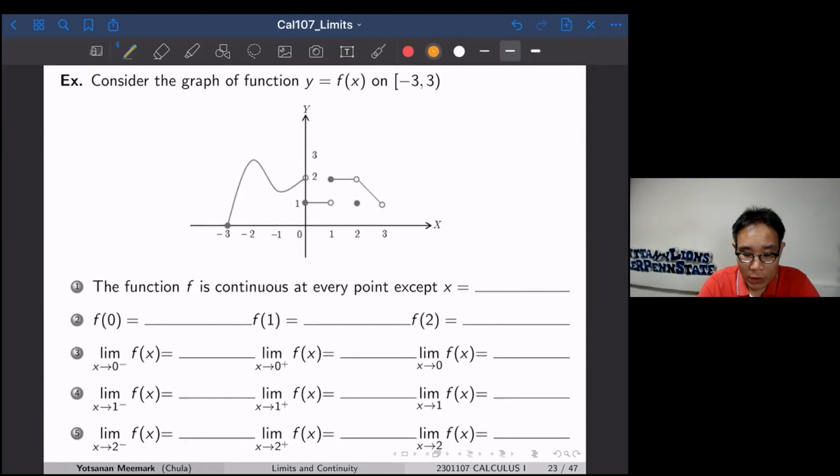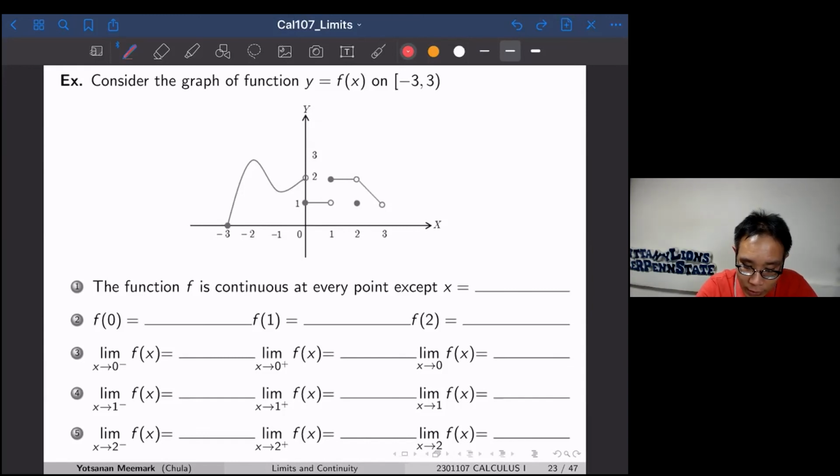Okay, so for this one, you have y equal to f(x) on the interval -3 to 3, and the function is undefined at 3. So you see that it's undefined. So you have the hole here. And the function is continuous at every point except, so you see that it's going to be some jump, some hole.